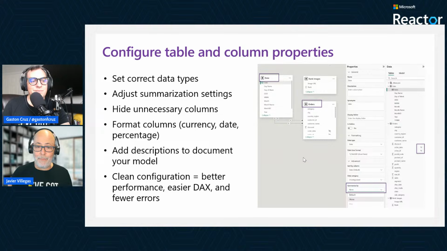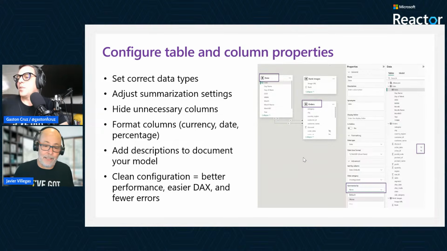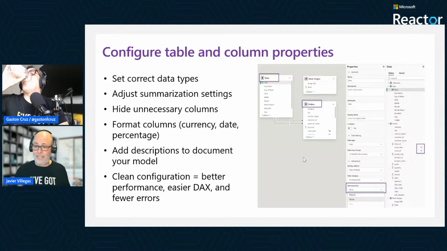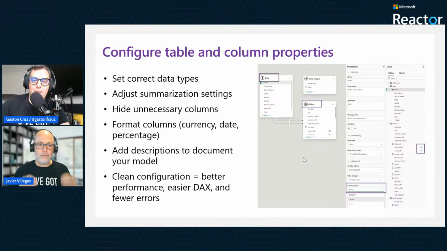We can come up with dates that at the source, because we gathered them from a CSV file, are set as text. Take your time to set the correct data type, integer numbers or any values, just put the correct data type. With that, you will score one more goal here at the match.